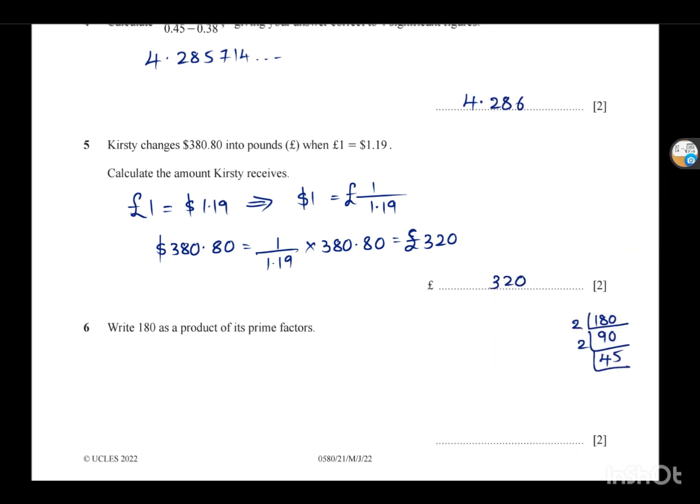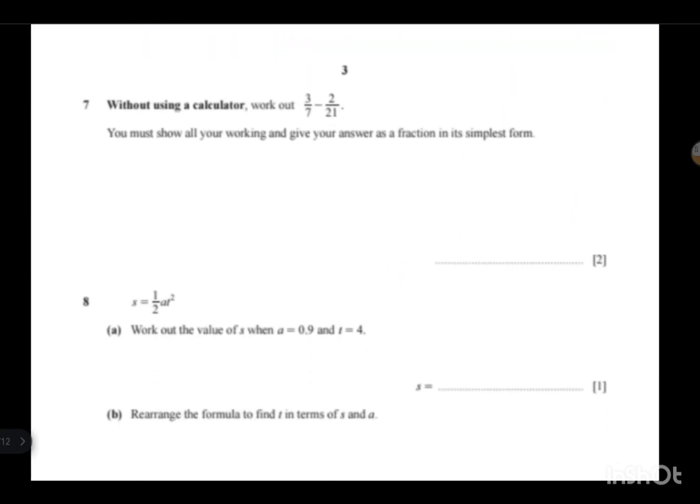Then this is not divisible by 2, so take 5. 5 is a prime number, 5 nines are 45. Now you can take 3 as prime number, 3 threes are 9, 3 ones are 3. So the prime factors here, in increasing order, are 2 twos, 2 threes and 1 5. So the answer will be 2 into 2 into 3 into 3 into 5. Question 6 is done.